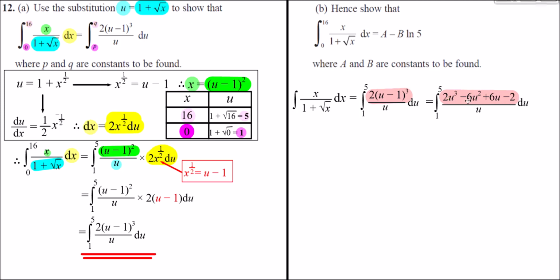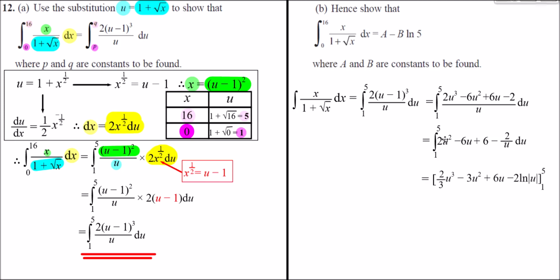So the next step now, with this integral, I can take all of this numerator and divide everything by u. So this integral now becomes 2u squared minus 6u plus 6, and minus 2 all over u, I can just write as a single fraction like this. So I'm now ready to integrate it.